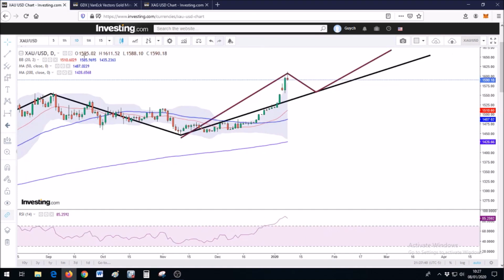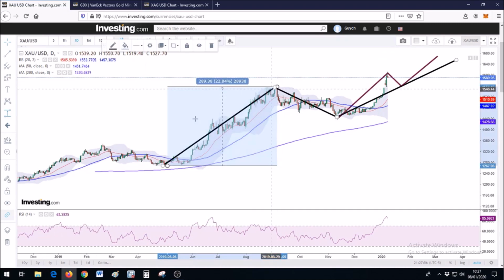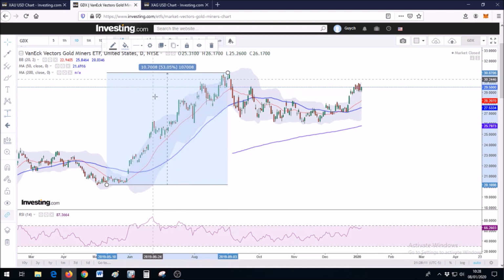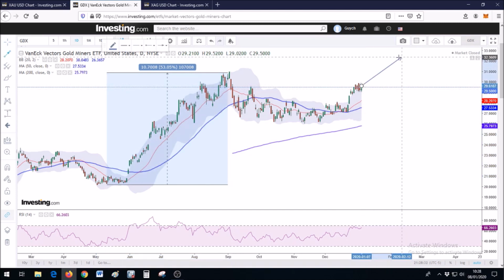Looking at the previous intermediate cycle rally, when gold rallied by under 23% between May and September, GDX rallied by over 53% within the same period. And what we see at the moment is GDX is lagging behind gold a little bit. So I think there is still very nice potential for your long positions to work out well in the gold miners, as GDX needs to catch up a little bit with the gold price.